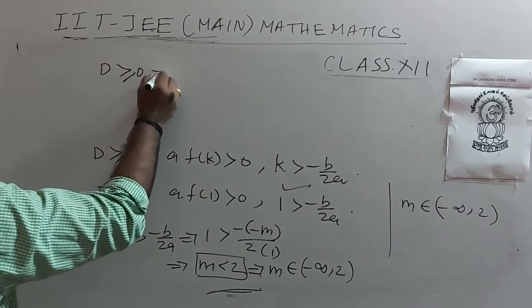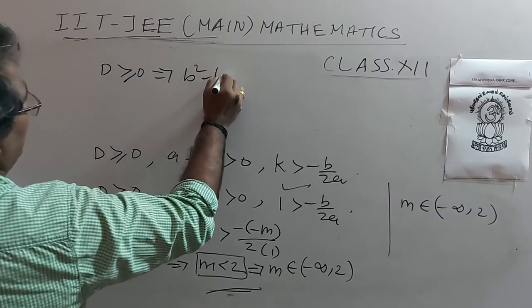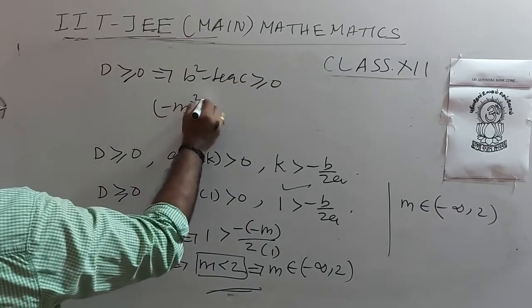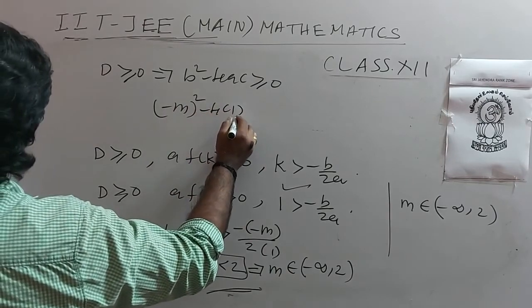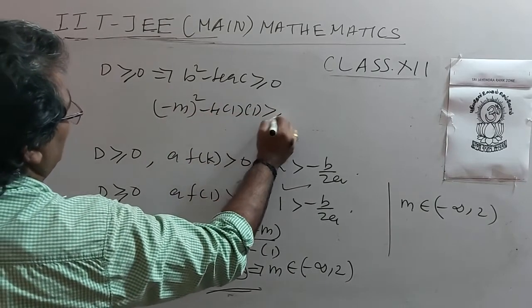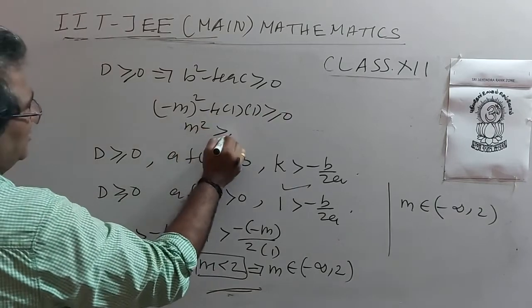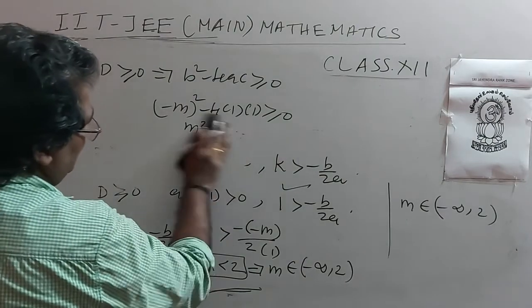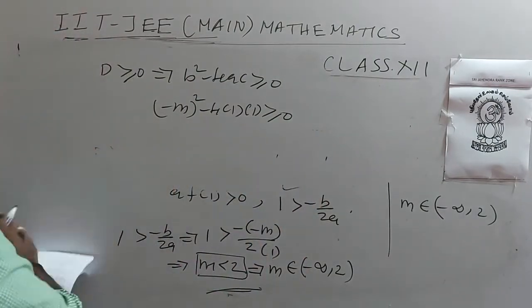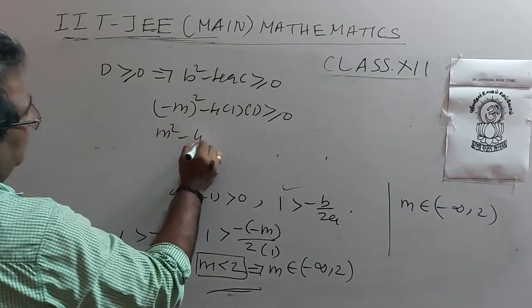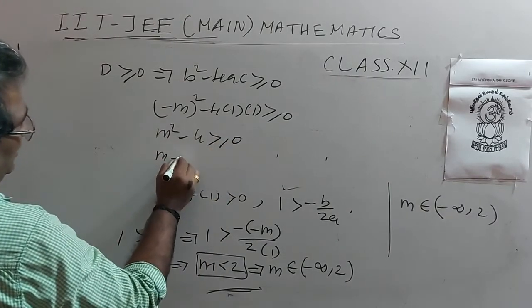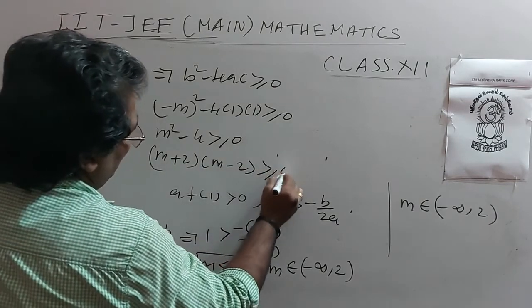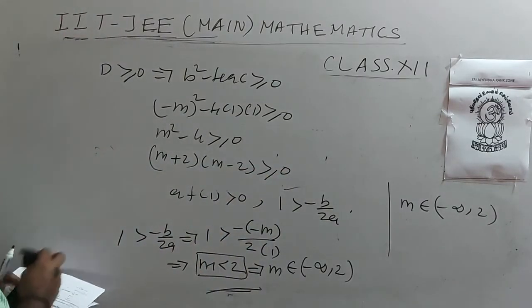D greater than or equal to 0 implies b squared minus 4ac greater than or equal to 0, that is minus m whole square minus 4 into 1 into 1 greater than or equal to 0, m squared greater than or equal to 4, or m squared minus 4 greater than or equal to 0, m plus 2 into m minus 2 greater than or equal to 0.